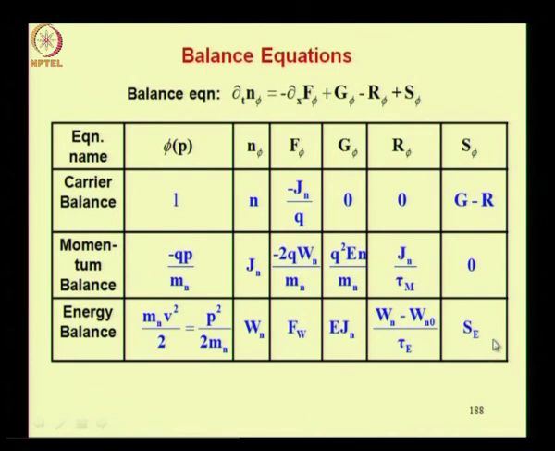The term S phi is retained here as S suffix E because it is the energy balance equation, just like the term Fw has been retained as the flux. We will shortly discuss what we do with this term Se. Right now, towards the close of the lecture, let us write down the energy balance equation.